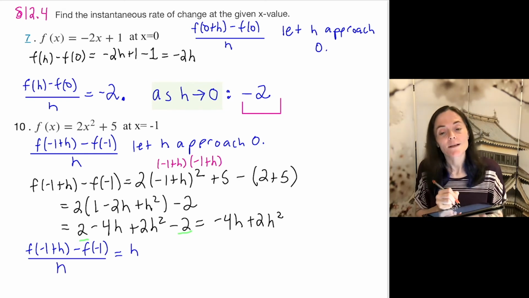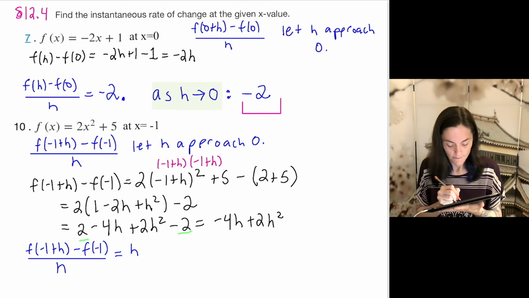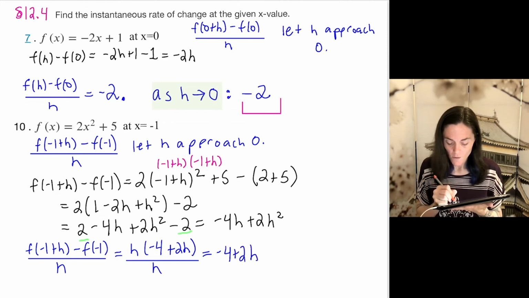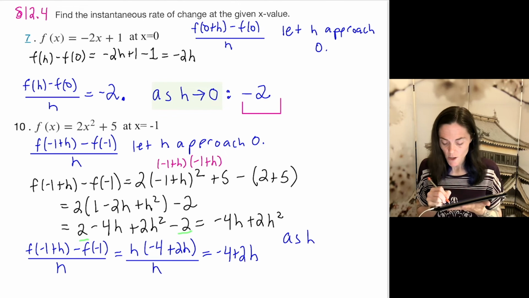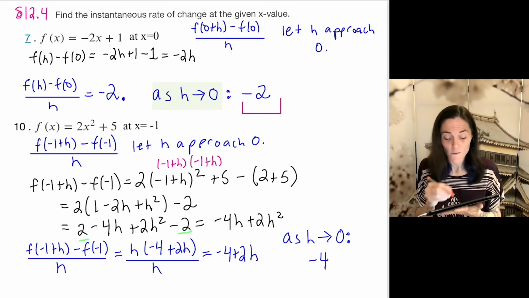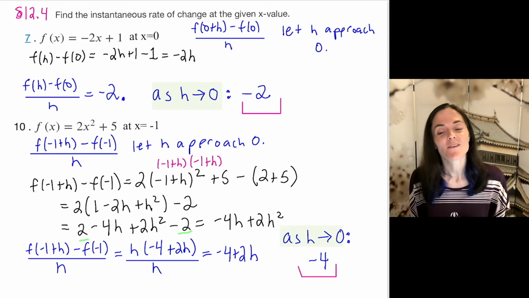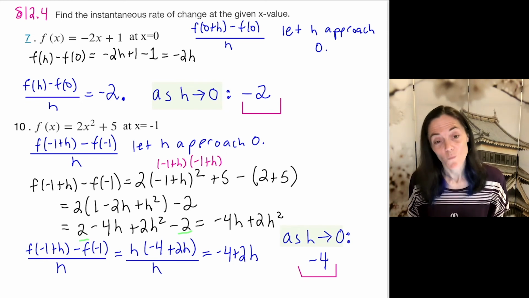Well, the numerator is h times minus 4 plus 2h. Minus 4 plus 2h. Now, as h approaches 0, we get negative 4. So this is the instantaneous rate of change of f of x at x equals negative 1.